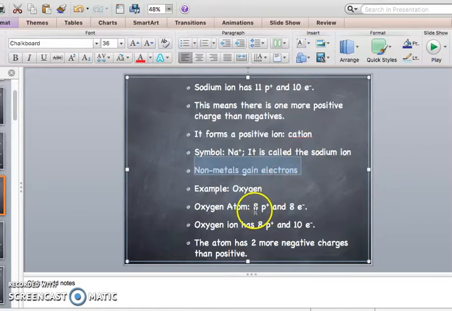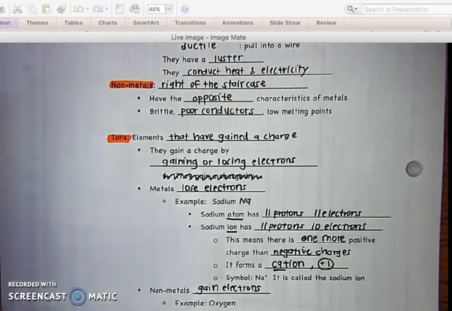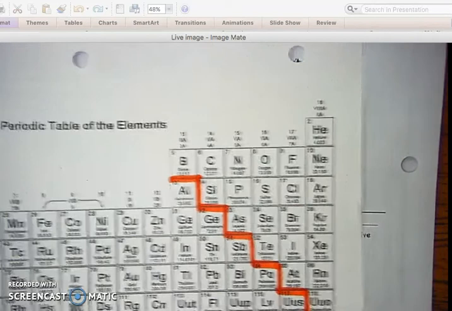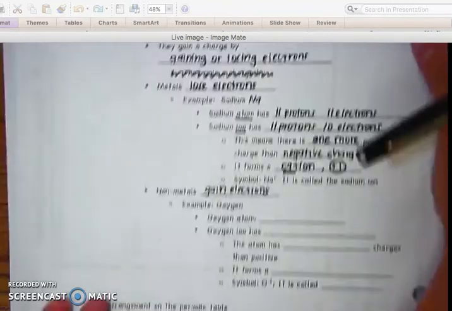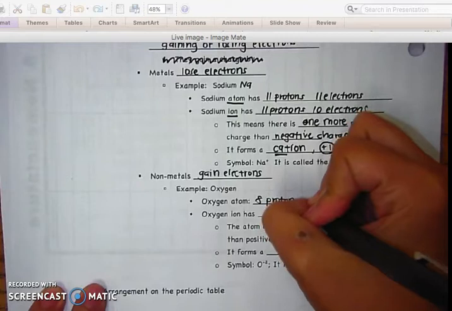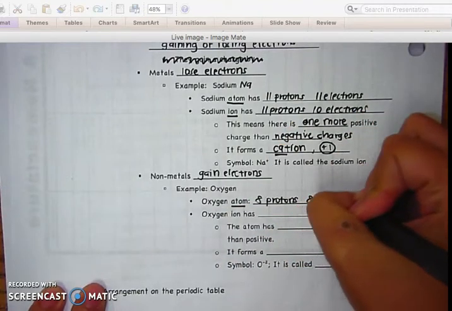If you take a look at our periodic table, we know that there are 8 protons in oxygen. So same thing as before, our oxygen atom would have 8 protons, and because it's an atom, no charge yet, we also have 8 electrons.